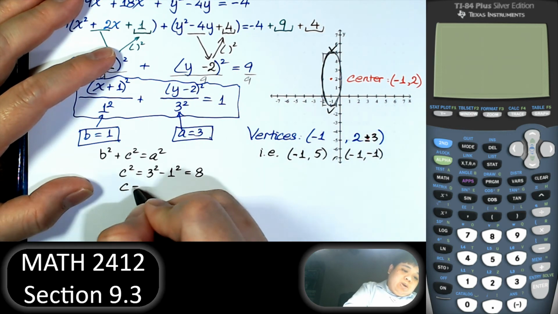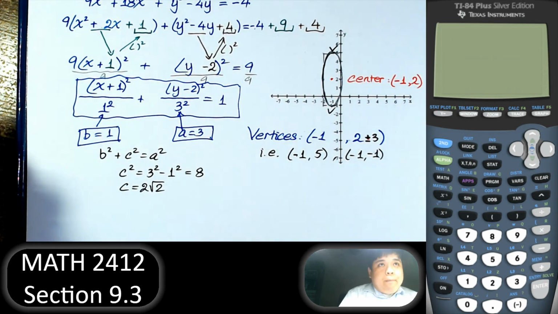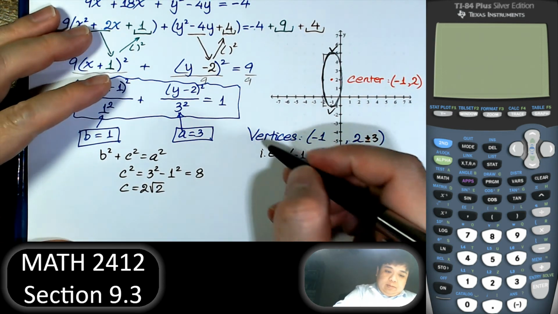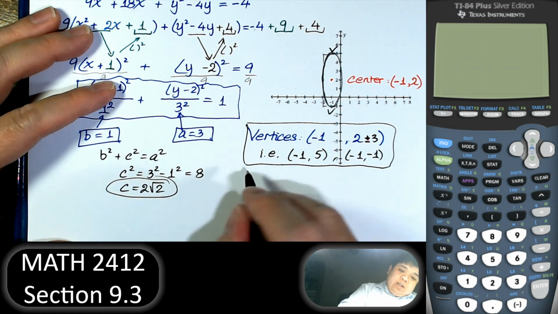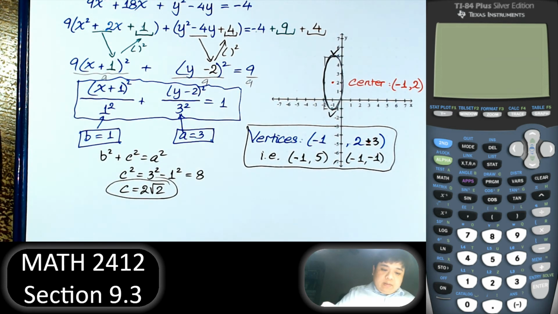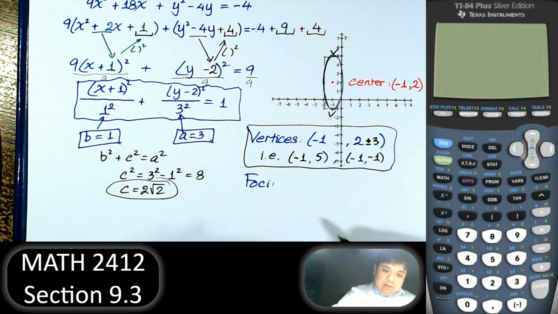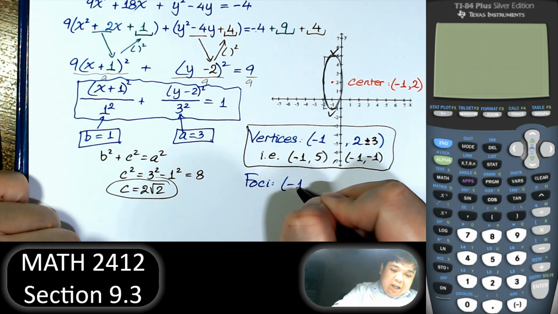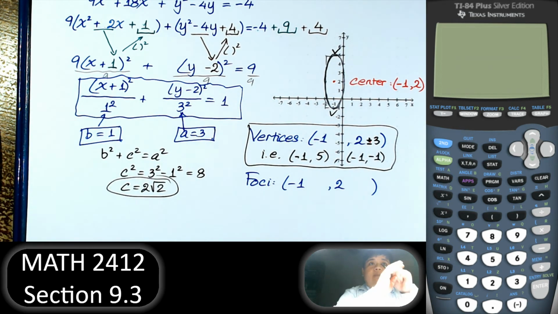So C is 2 square root of 2. And we have C. So we can write the 2 foci based from the center. C is 2 square root of 2.